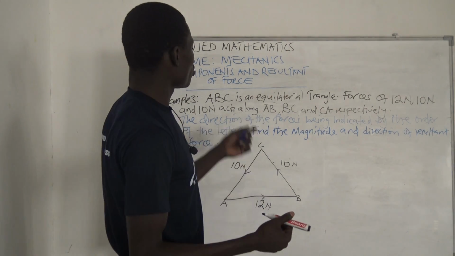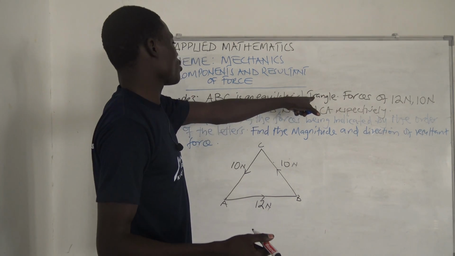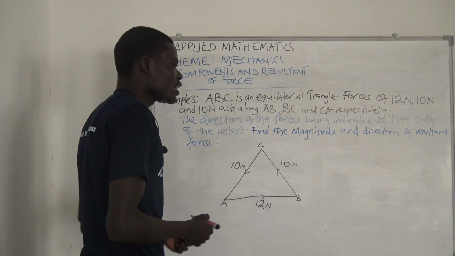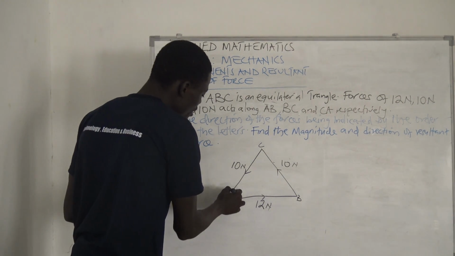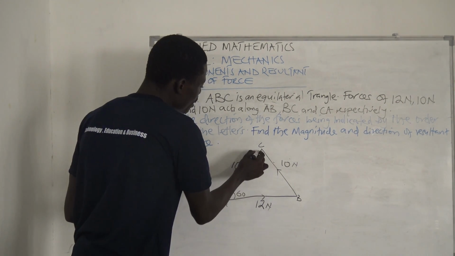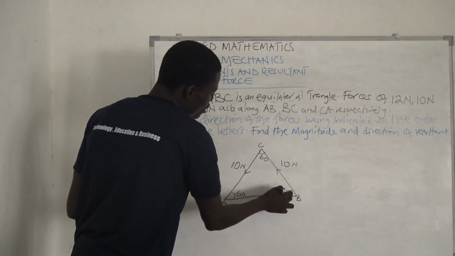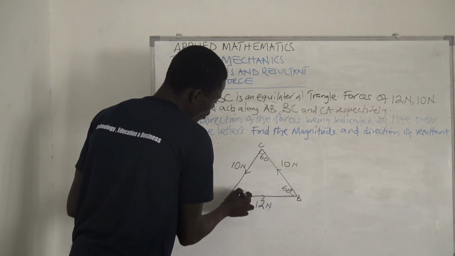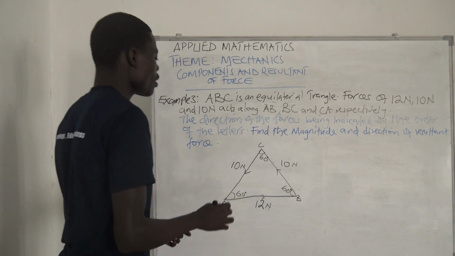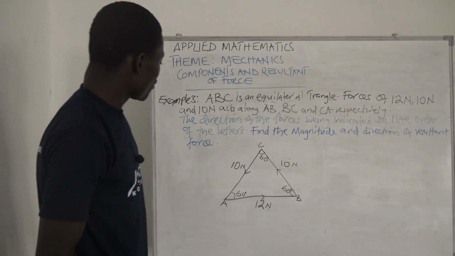Another thing you should note: since it's an equilateral triangle, every angle is 60, 60, 60. So these are our forces.